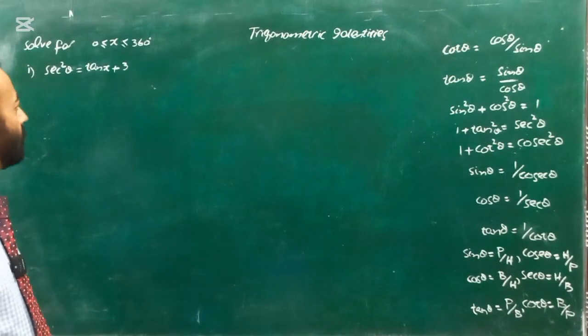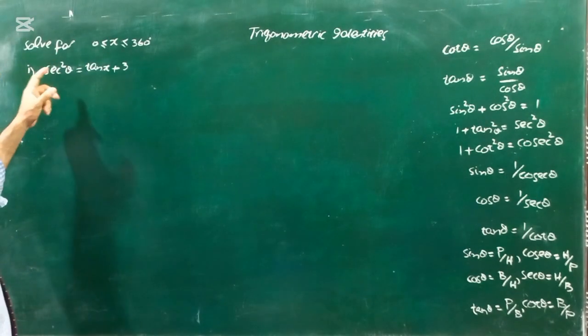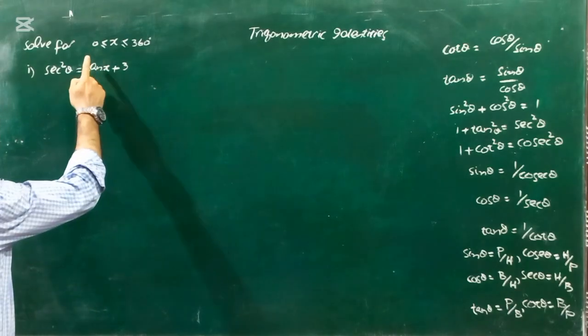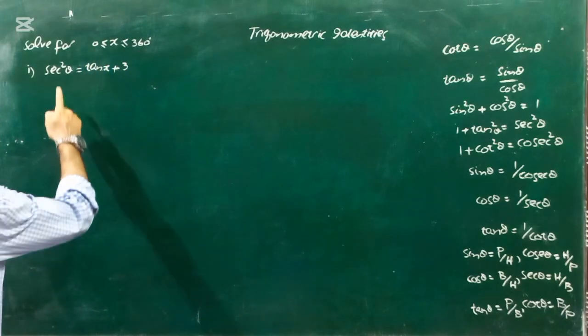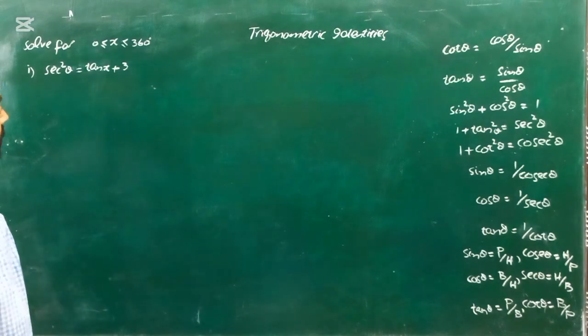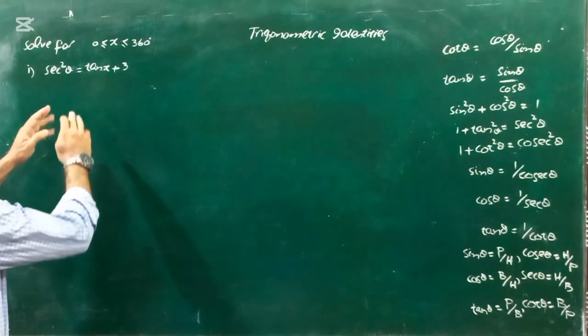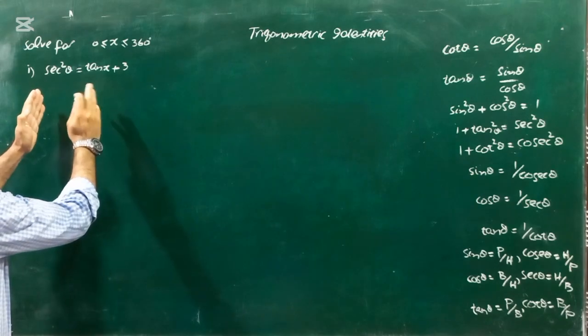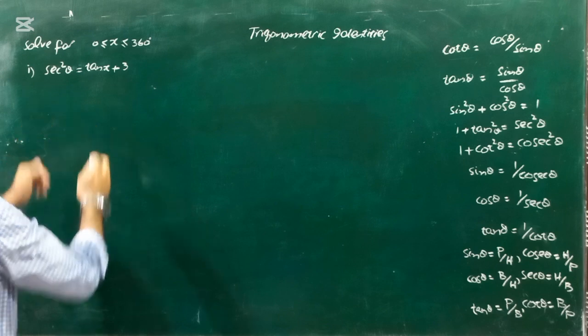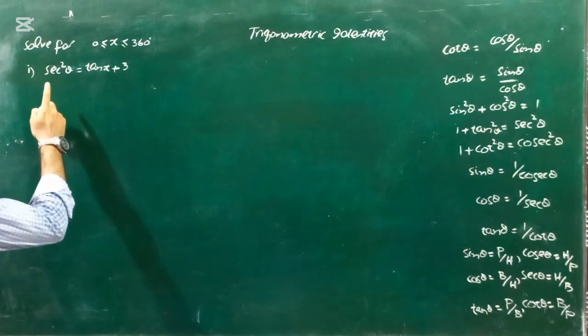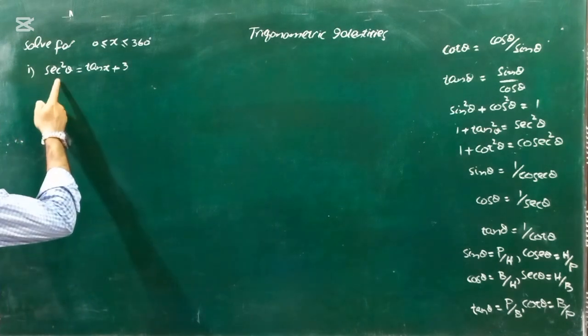Here is another question. The statement is: solve for x greater than or equal to 0 and less than or equal to 360, and the question is secant square x is equal to tan x plus 3. First, there are actually two different trigonometrical identities, so first we have to convert them into a single one. We know 1 plus tan square theta is equal to secant square theta.